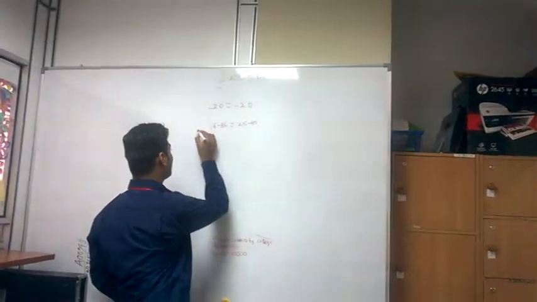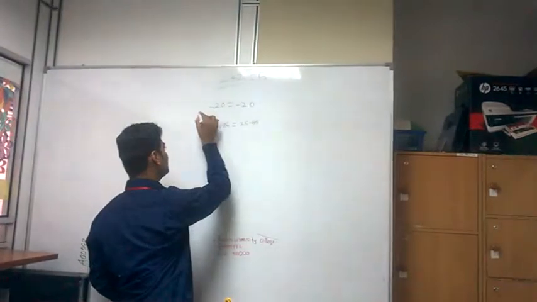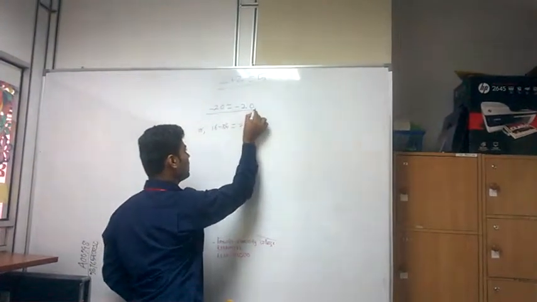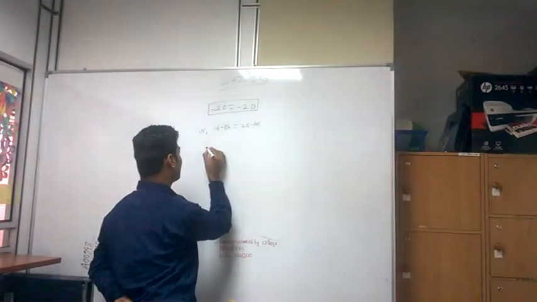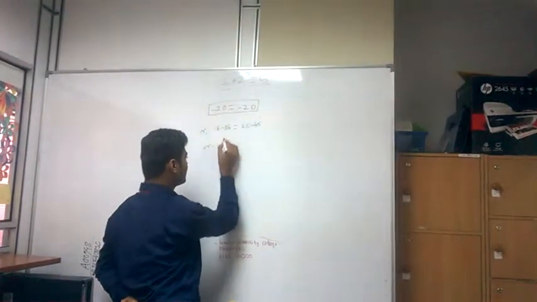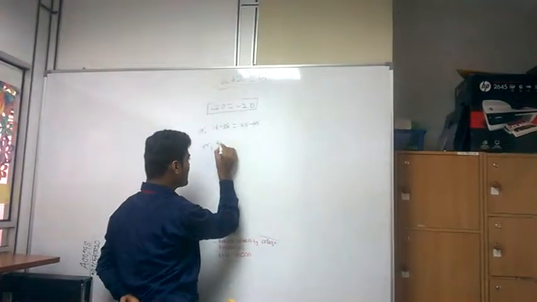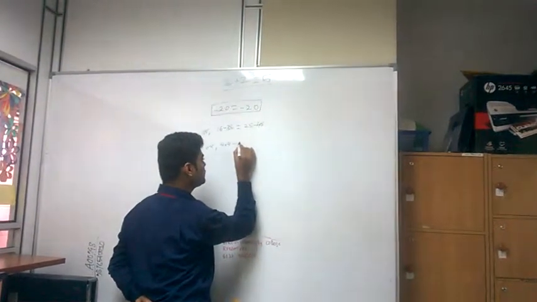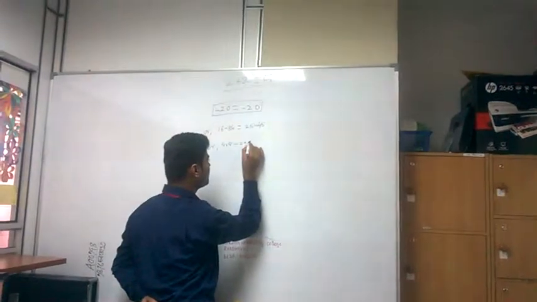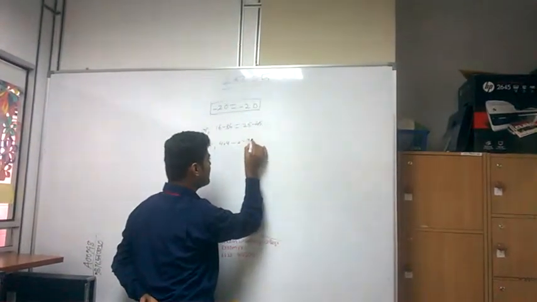Now see the second step. This is the equation, so we assume this one. Okay, now comes the second step. 16 means 4 into 4, right? 36 equals 2 into 9 into 4.